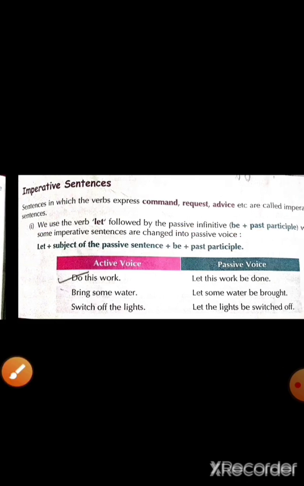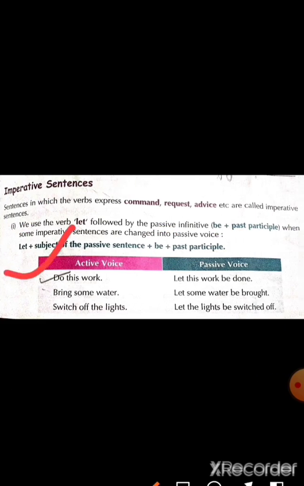Let's see the example. Do this work, right? So this work is the object here, it will become the subject. So let this work, then be. So let this work be, then the past participle.